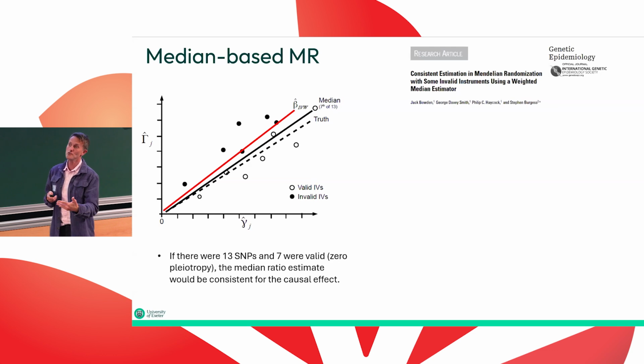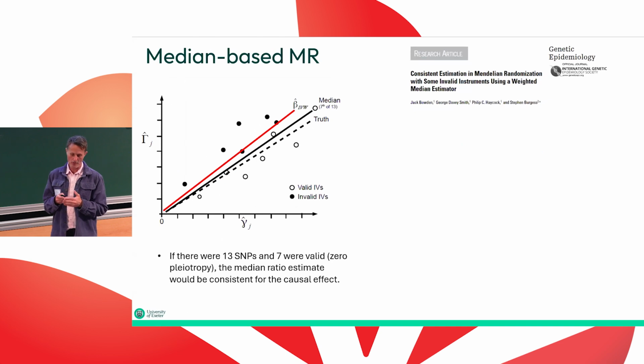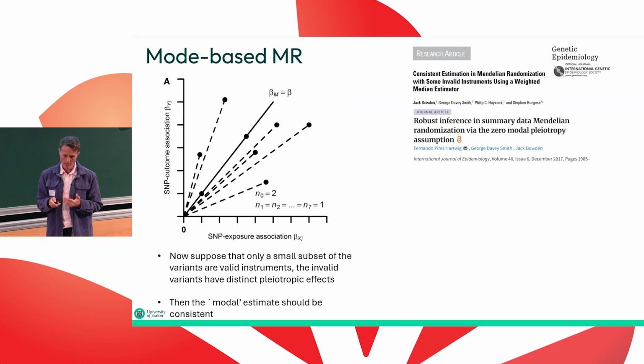Then that's going to be much closer to the truth than the overall weighted average. I didn't show it, but this method is going to be consistent if at least 50% of the variants are valid instruments. If we had infinite data, what we'd expect is those hollow dots there to line up along a line, and we would get a consistent estimate. But you can see even in this plot, which represents a finite data setting, the median will be more robust.